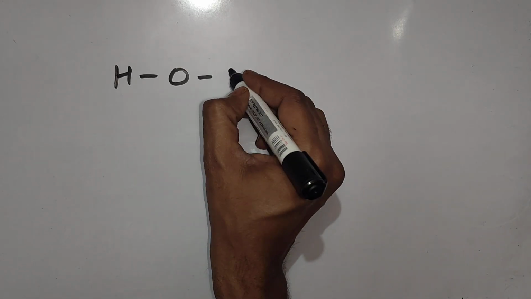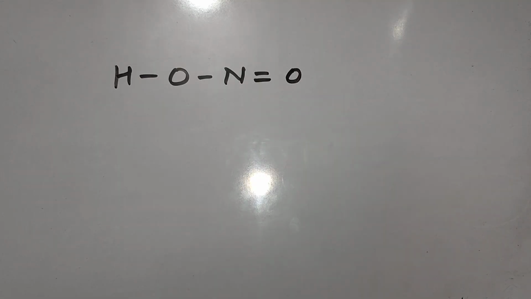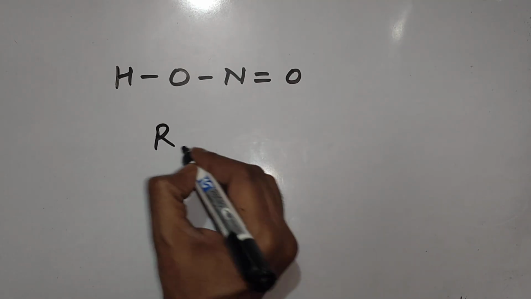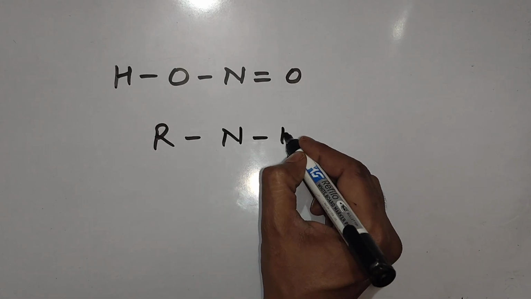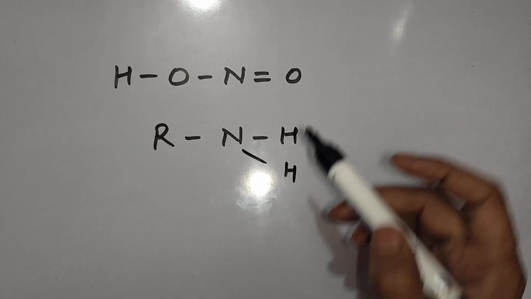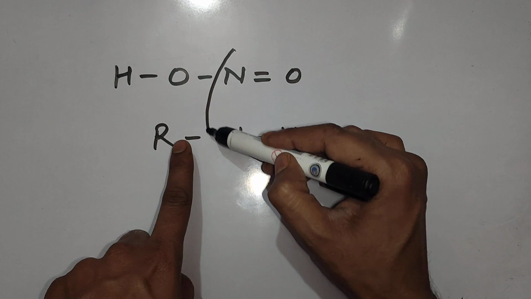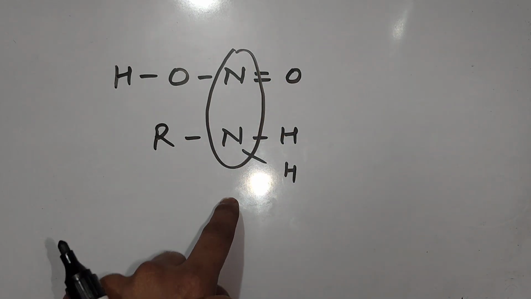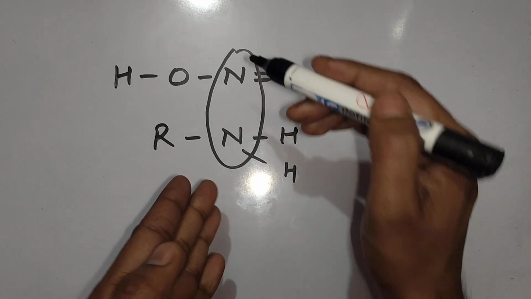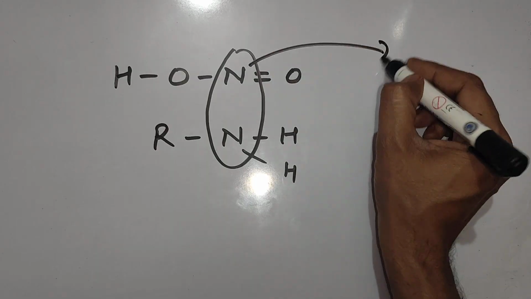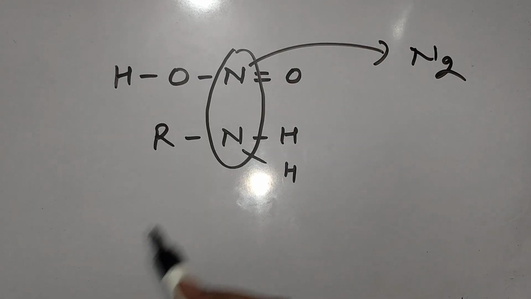One technique you can learn to solve the reaction. Look, let me give you one technique. Like nitrous acid, how are we writing nitrous acid? We are writing it like this. And 1 degree amine, how are we writing it? RNH2 like this. Look, bring N on top of N, write it this way, N on N. So just N and N will be released as N2.